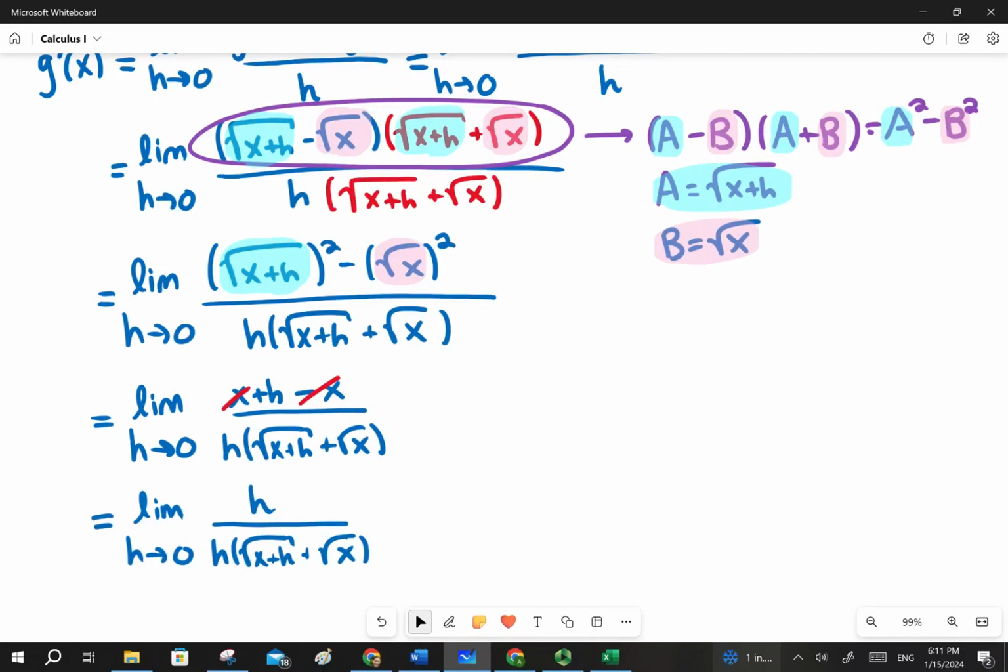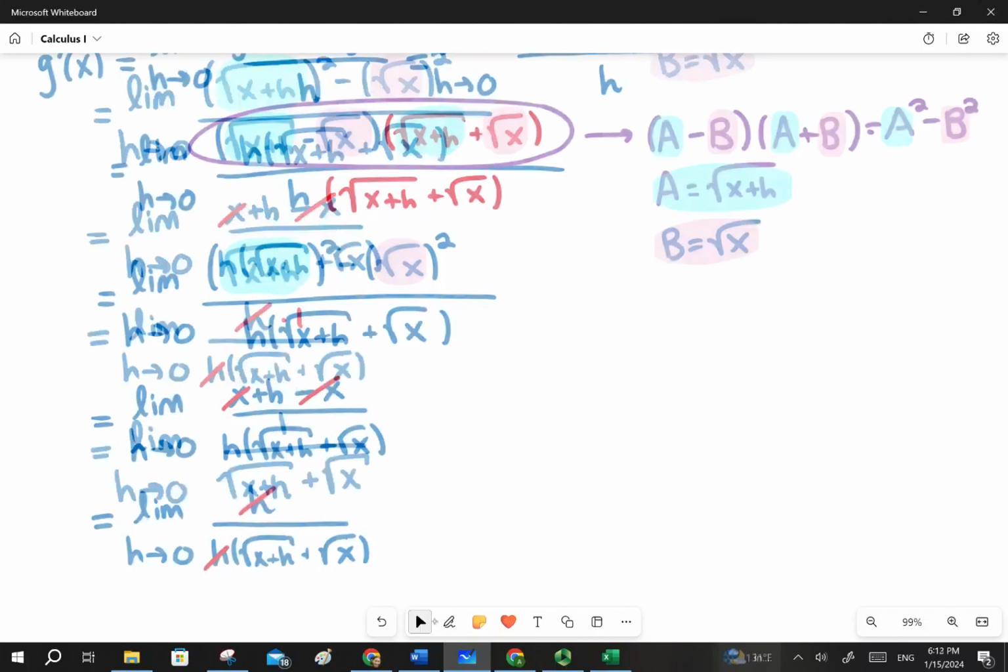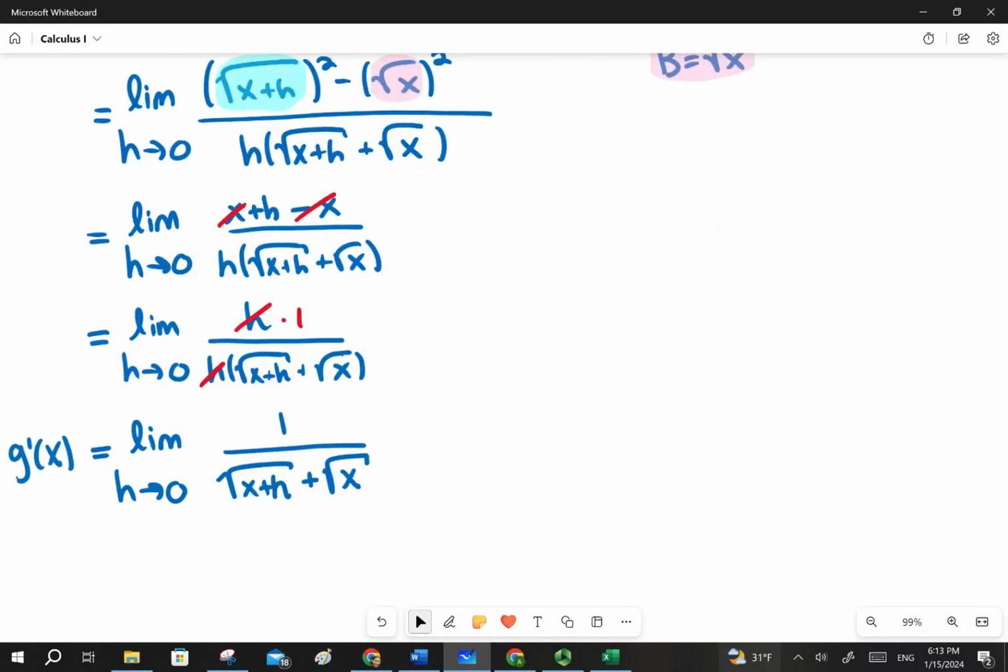This leaves us with g prime of x equals the limit as h approaches 0 of h over h times the square root of x plus h plus the square root of x. Now we can cancel the h from the top and the bottom to get g prime of x equals the limit as h approaches 0 of 1 over the square root of x plus h plus the square root of x.